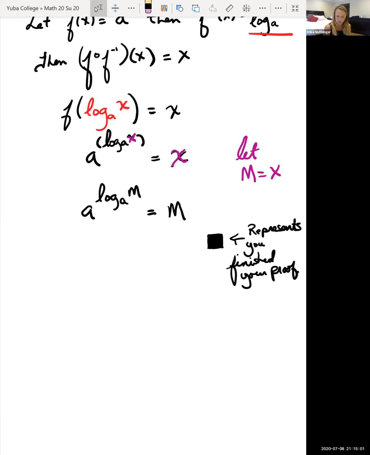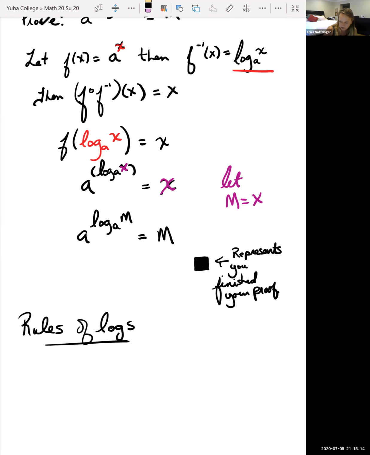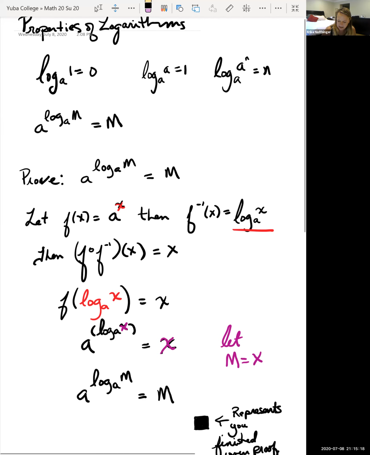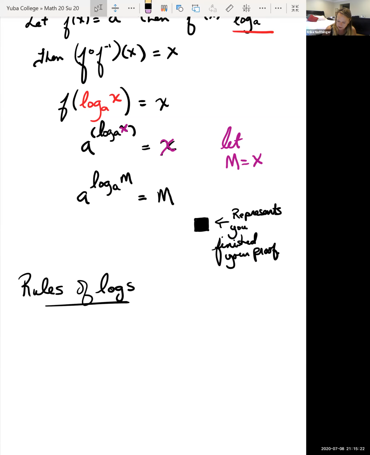Okay, so a couple more rules that logs have. What was the other one? Another one is, well, that was this one.